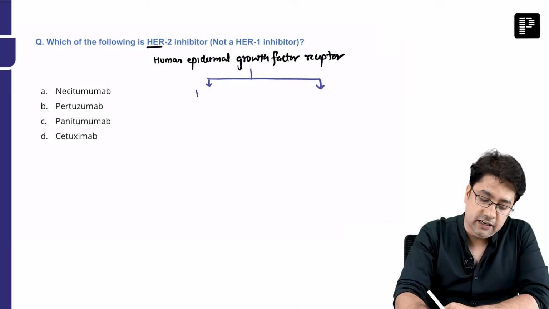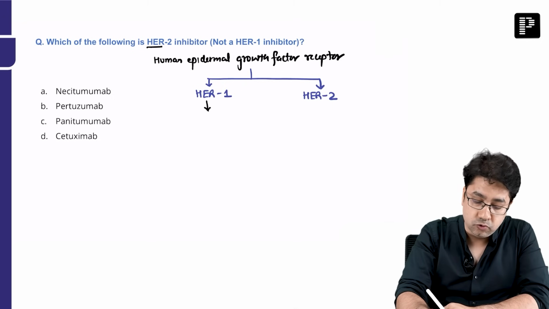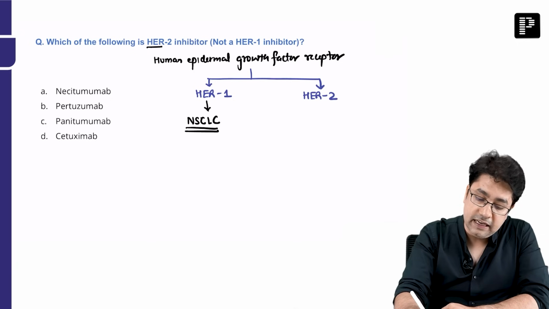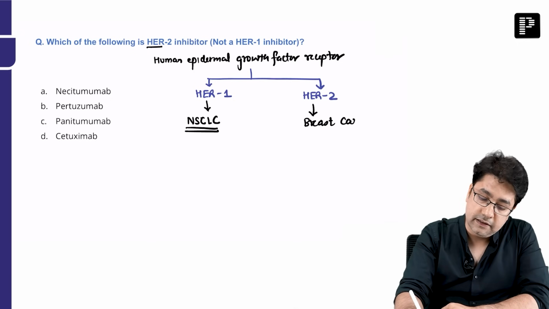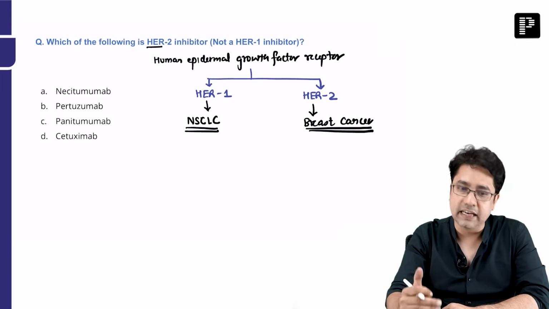One is HER1 and HER2. Now, HER1 mutation leads to non-small cell lung cancer, while HER2 mutation leads to breast cancer.